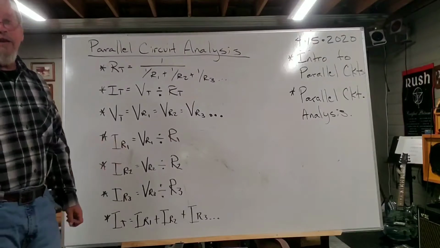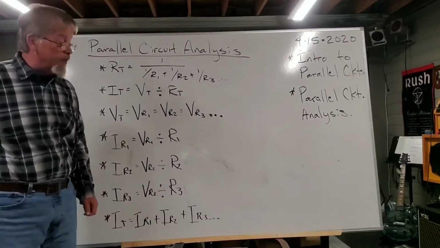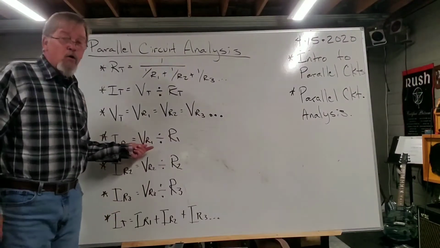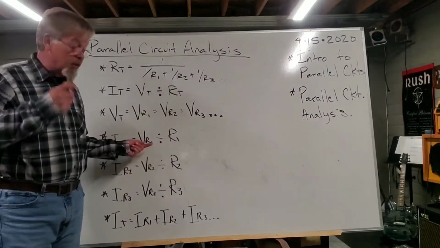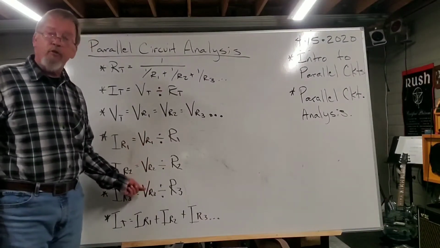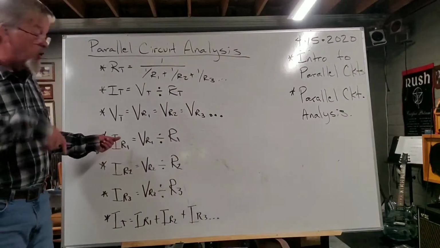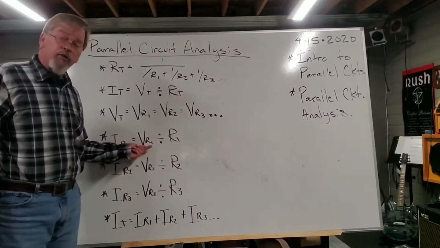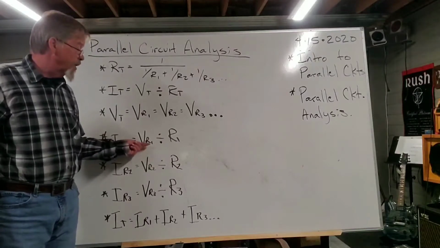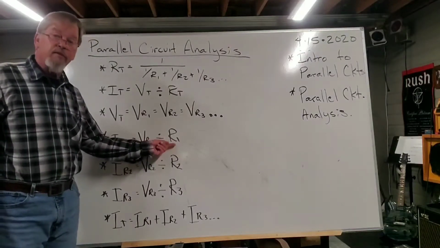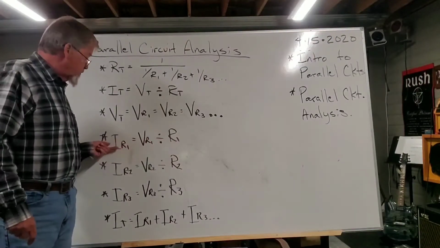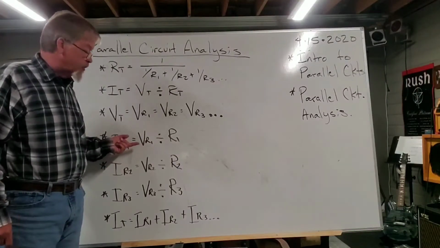So voltage stays the same in a parallel circuit. Now, in order to find the individual current, since we know the voltage across each one of them, we can simply take the voltage across that resistor divided by the resistance of the resistor, and it'll give us the current through the resistor.